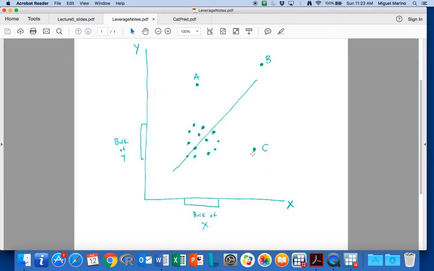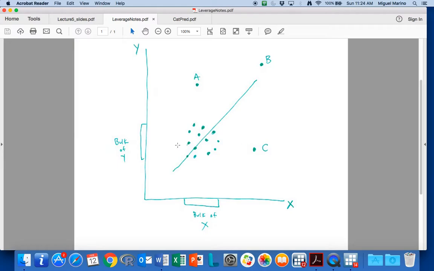In this scenario where you have outside the bulk of X but within the bulk of Y, these kinds of outliers tend to pull the line down towards it. So you'll get a line that's probably a little more flat, and it may say that there is no relationship when in reality there may be a relationship.